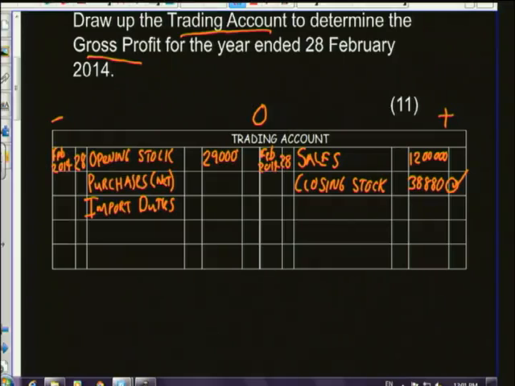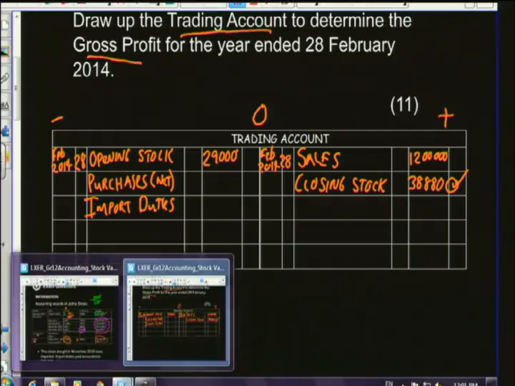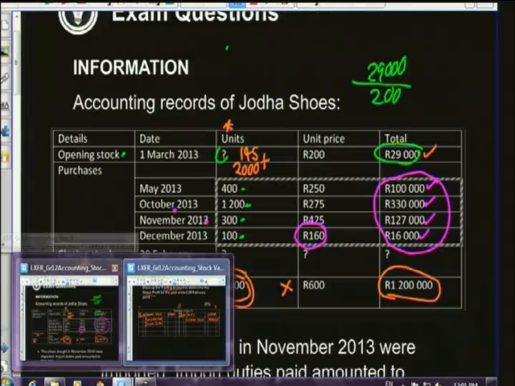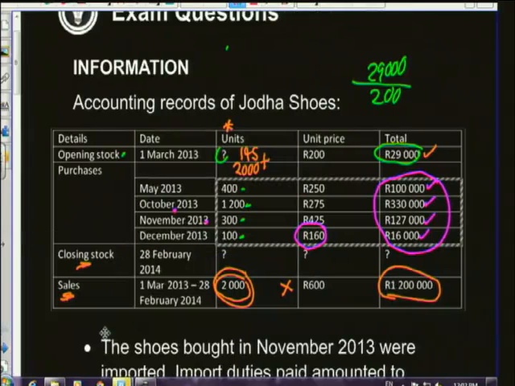Right, let's now go to purchases. Okay, back to our information. My total purchases for the year, my total purchases, 573,000. Okay, guys, where am I getting this amount from? Let's just quickly recap. I'm simply adding all my purchases to get my total purchases, 573,000.